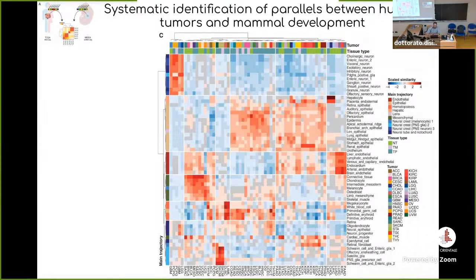We are just losing the information about the shape that the cells create by means of UMAP. In this heat map, we have as rows the developmental trajectories identified in the mouse development, and in columns, samples derived from the TCGA study, samples from different tumor types or normal tissue or metastasis.